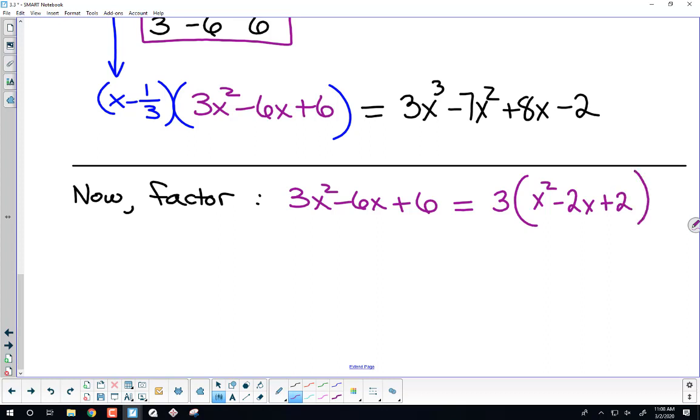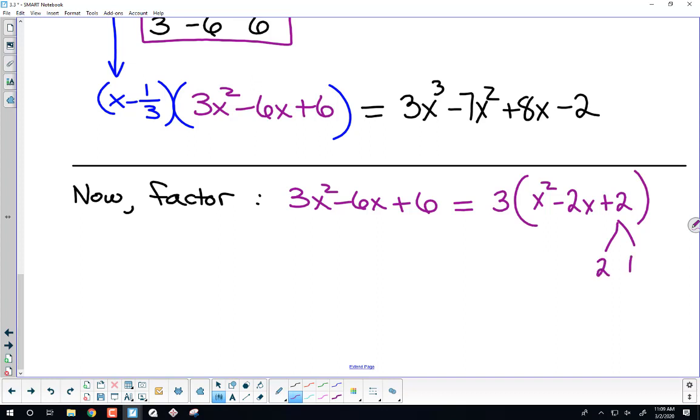And now we're going to focus on factoring the quadratic x squared minus 2x plus 2. Are there two numbers that multiply to give us positive 2, and the same two numbers have to add to get negative 2? The only factors of this 2 are 2 and 1.